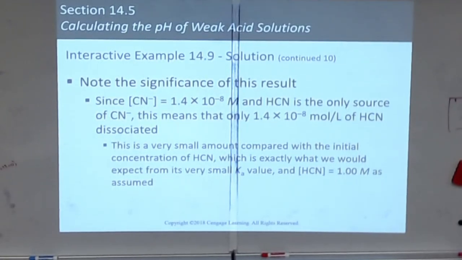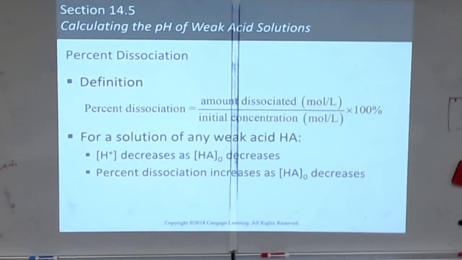All right. Good. So do you have this concept down? You get 0 if you're wrong. Let's talk about percent dissociation a little bit. It's simply the amount dissociated divided by the initial concentration.